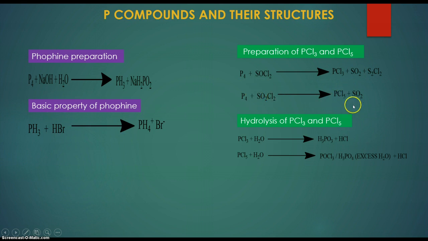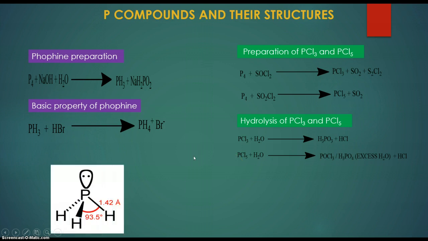The important reactions of PCl3 and PCl5 are basically the hydrolysis reactions. PCl3 reacts with water, forming H3PO3 with the liberation of HCl, and PCl5 reacts with water, forming POCl3 or H3PO4. If we use excess water, then we get H3PO4, phosphoric acid, as the major product, and if we use a calculated amount of water, then we get POCl3 with the liberation of HCl.